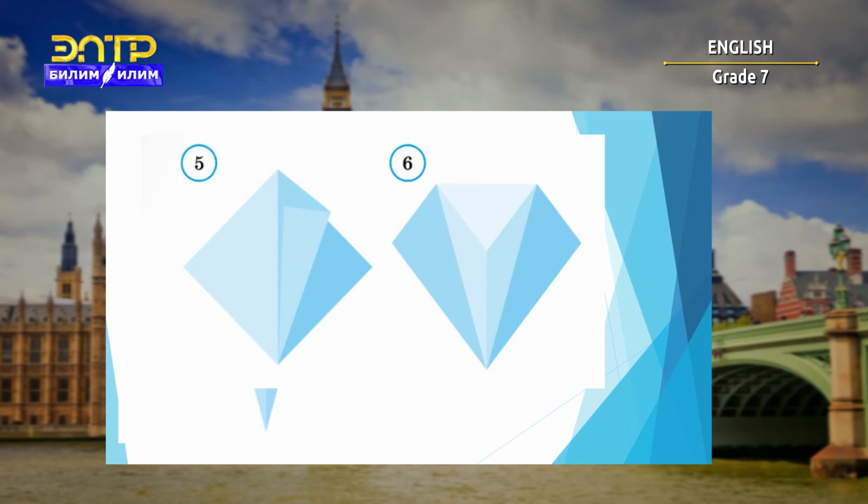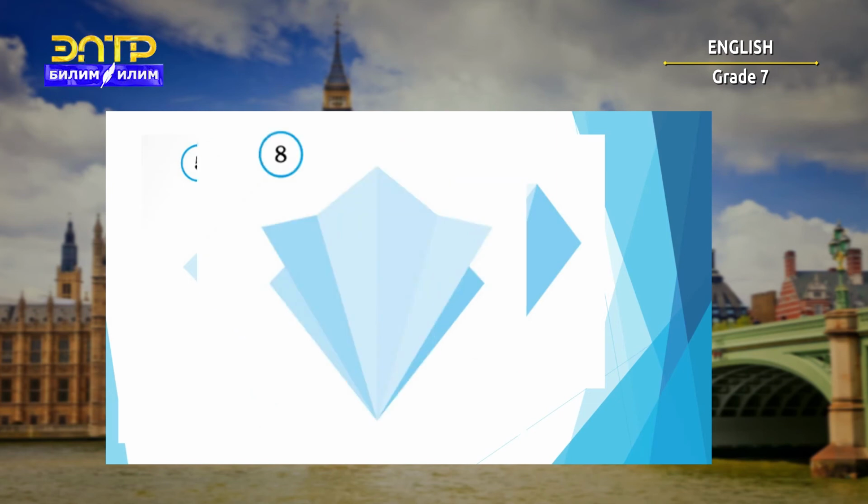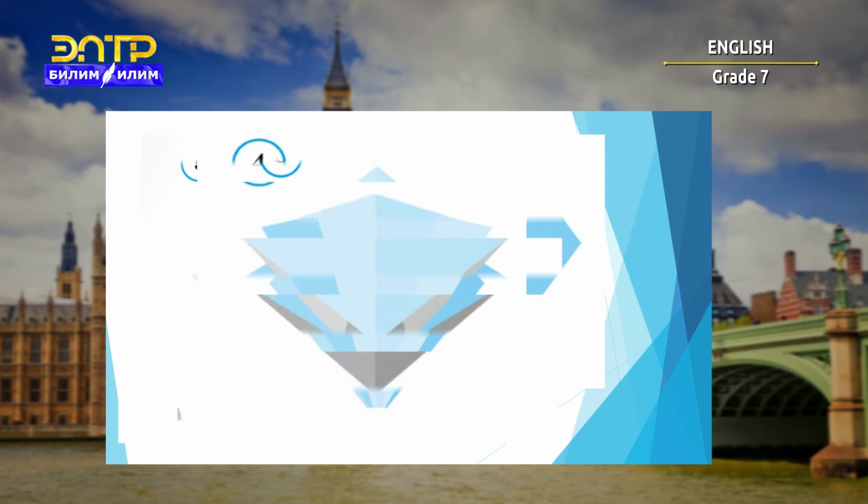After that, the 8th step, unfold your paper so that it looks similar as to what it did at the end of step number 4.